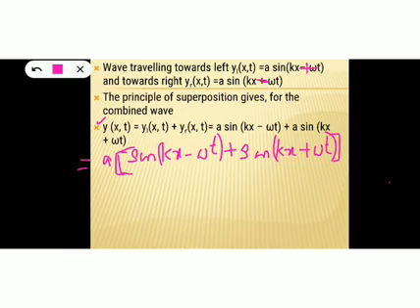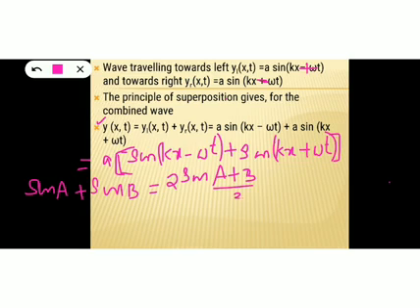Sin A plus sin B is 2 sin((A plus B) by 2) cos((A minus B) by 2). You had already studied this identity in your maths classes. So just apply this identity to this expression.